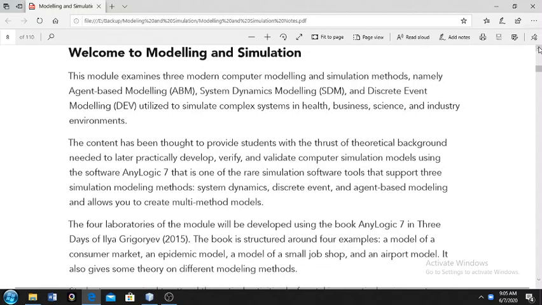The content has been designed to provide students with the theoretical background needed to later practically develop, verify, and validate computer simulation models using the software AnyLogic 7. That is one of the rare simulation software tools that support three simulation modeling methods: system dynamics, discrete event, and agent-based modeling, and allows you to create multi-method models.